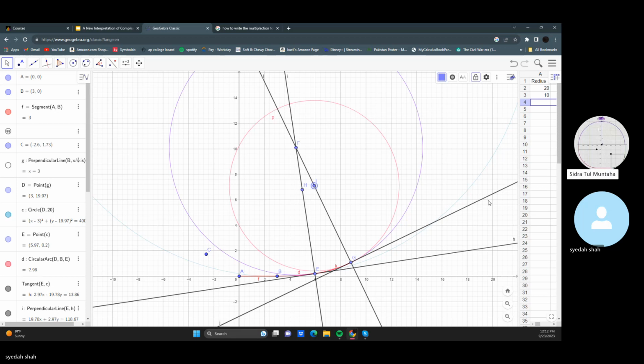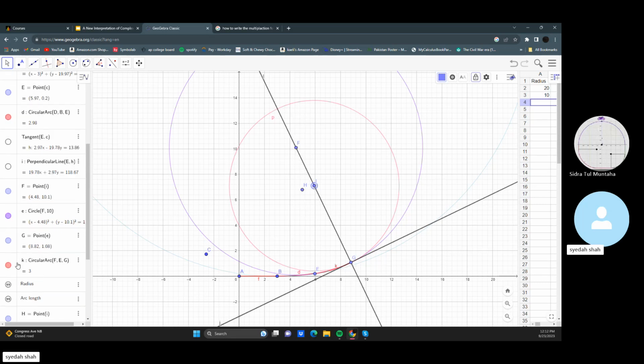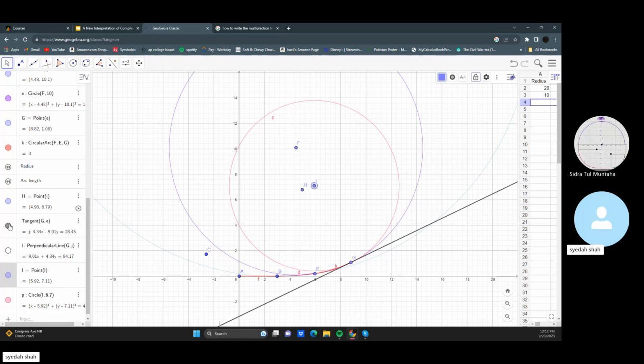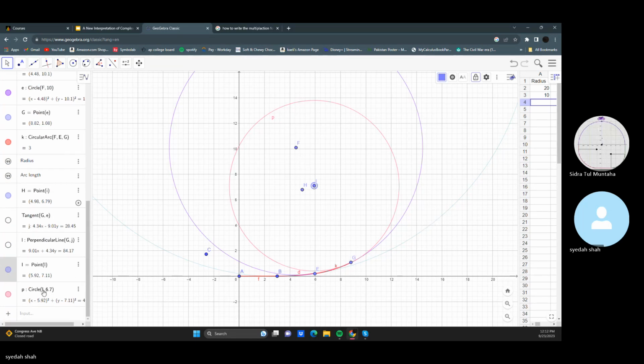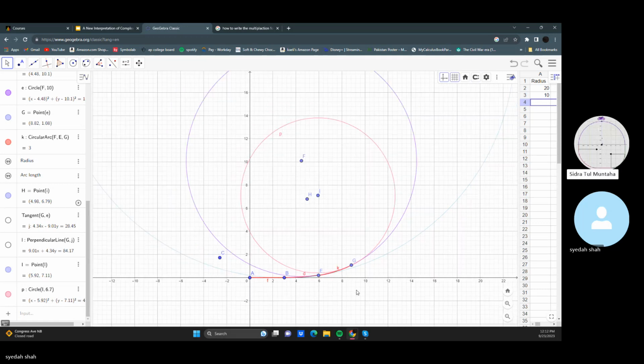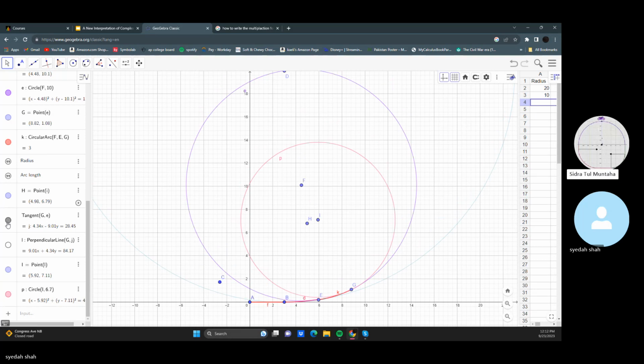Also, you can hide the previous perpendiculars and tangents. Not the current tangent, not the current perpendicular.